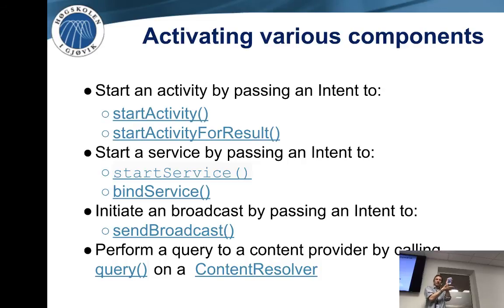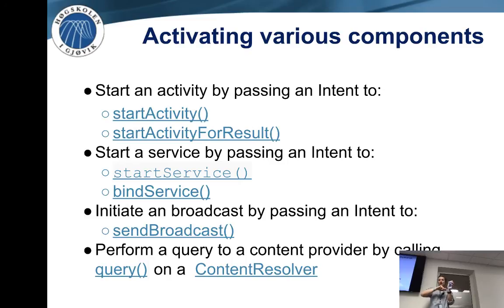So start activity always puts a new activity on top of the one which called it. Start activity for result does the same thing, with the difference that now this activity can pass data back to the one which called it, right?